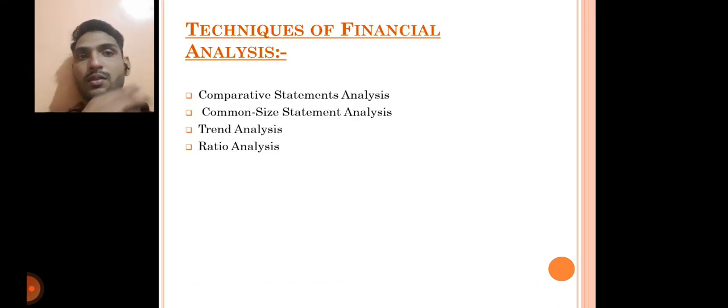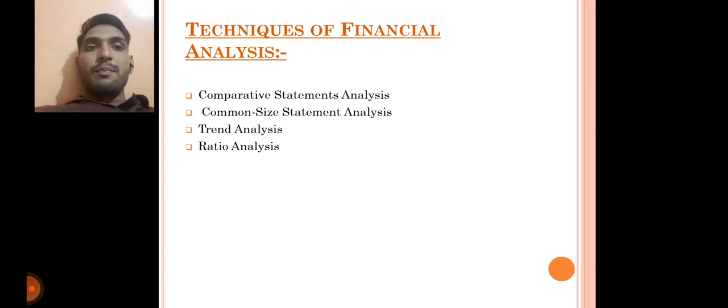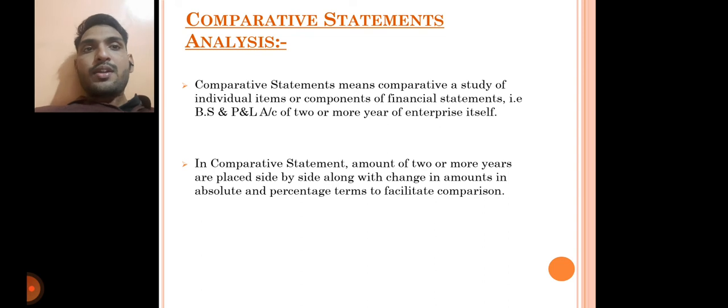The techniques of financial analysis. First is the comparative statement analysis, second is the common size statement analysis, third is the trend analysis, and fourth is the ratio analysis. So, comparative statement analysis. The comparative statement means a comparative study of the individual items or components of financial statements, that means the balance sheet and P&L accounts of two or more years of the enterprise itself.